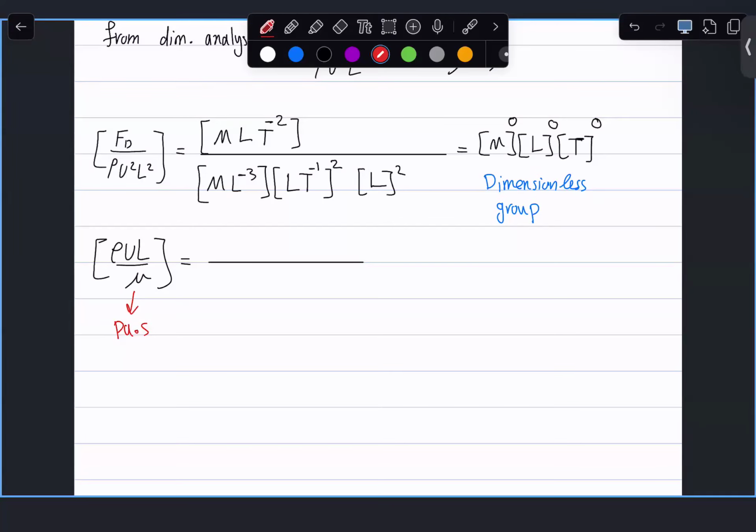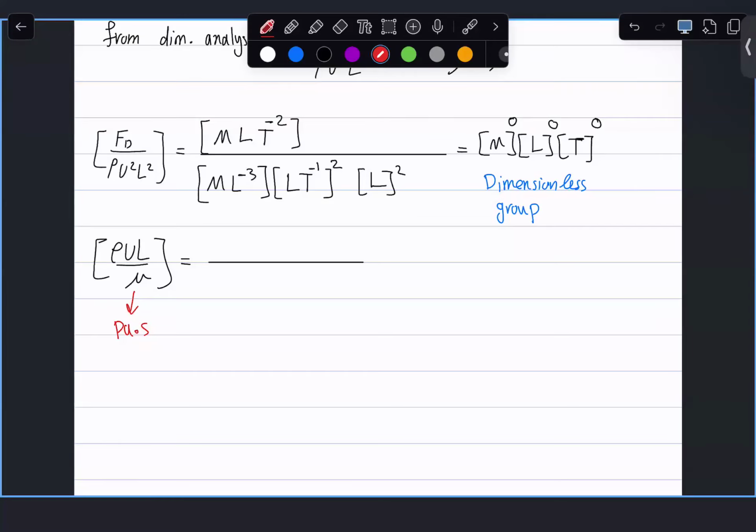So dimensions of mu are a force divided by area multiplied by time, right? Pascal is a force per area. So what are the dimensions of force? It's right here, right? M L T to the -2.